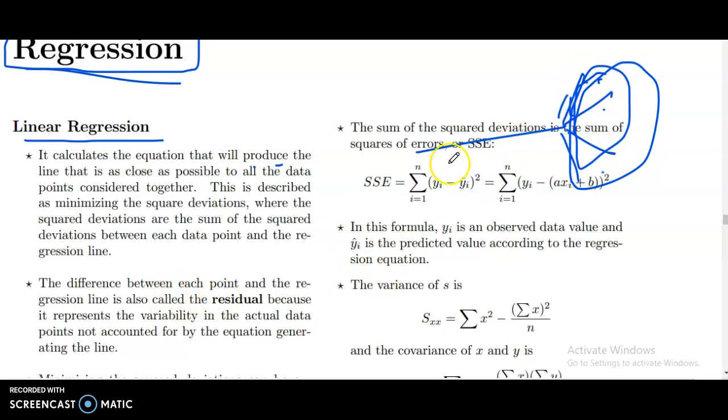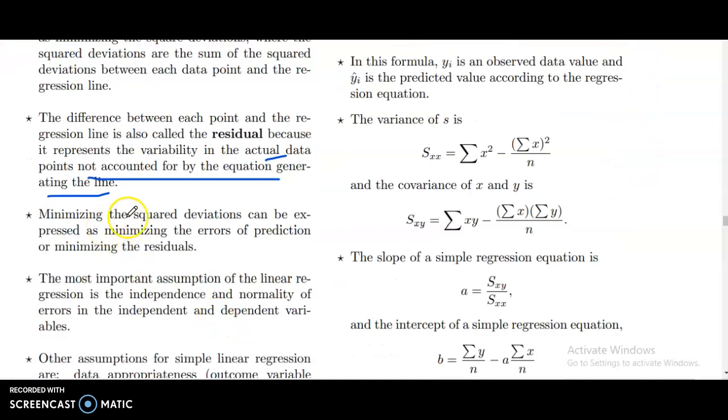The difference between each point and the regression line is also called a residual, because it represents the variability in the actual data that is not accounted for by the equation generating the line. Minimizing the square deviations can be expressed as minimizing the errors of prediction or minimizing the residuals.